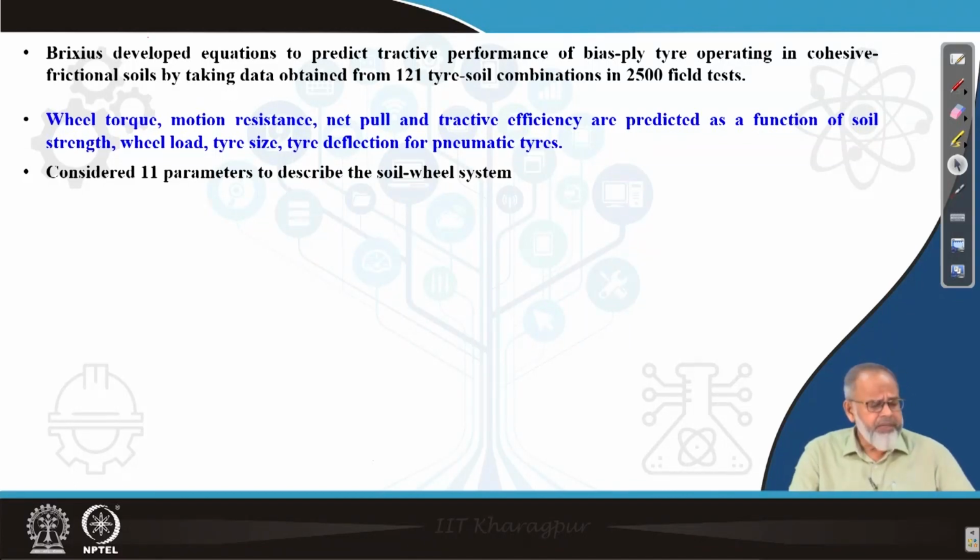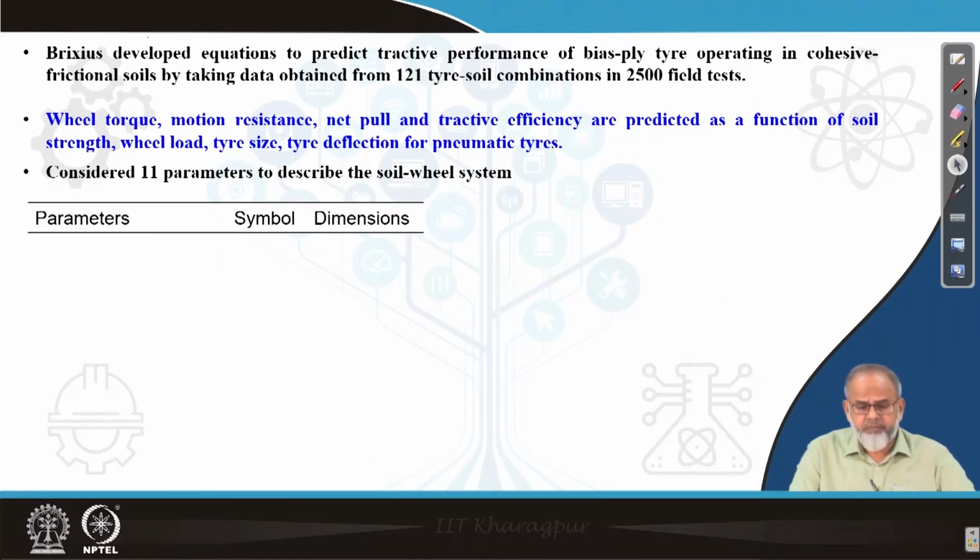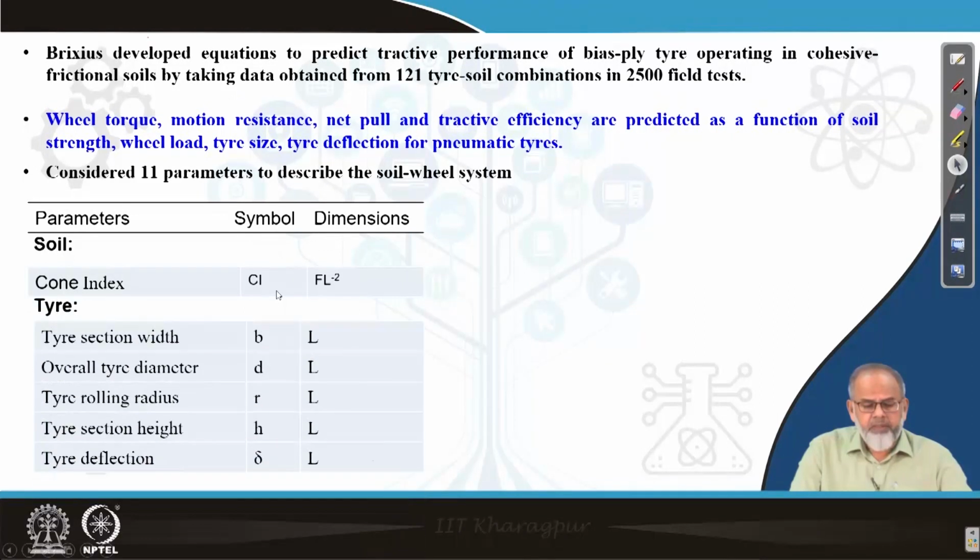So, he identified 11 parameters, and he grouped them into soil, wheel and system parameters. Under soil parameters, he took cone index, and under tire, he took tire section width, overall tire diameter, tire rolling radius, tire section height, and tire deflection delta.